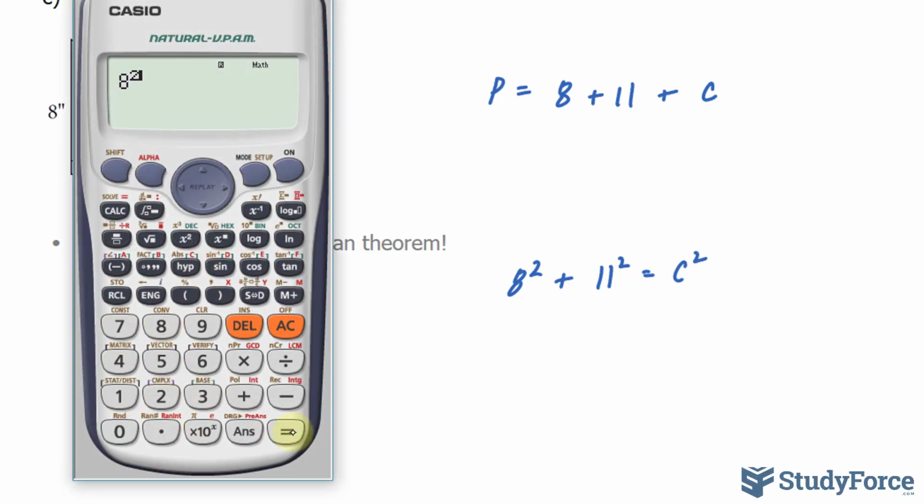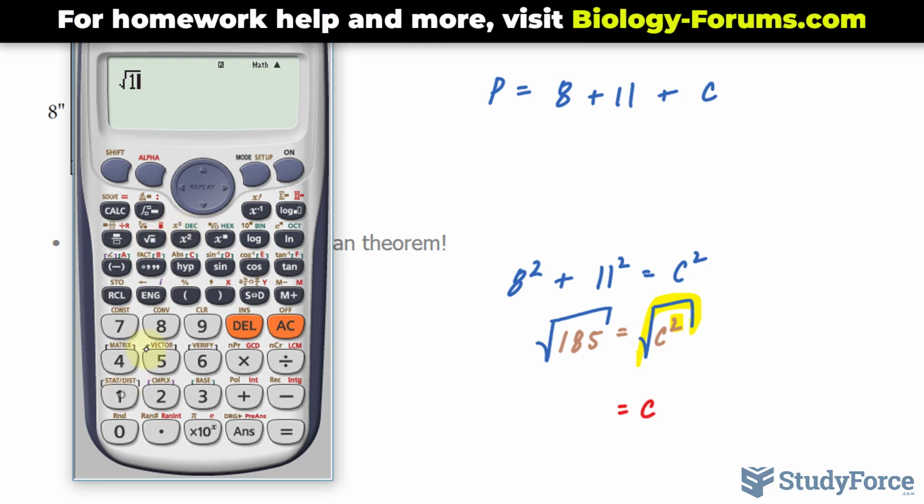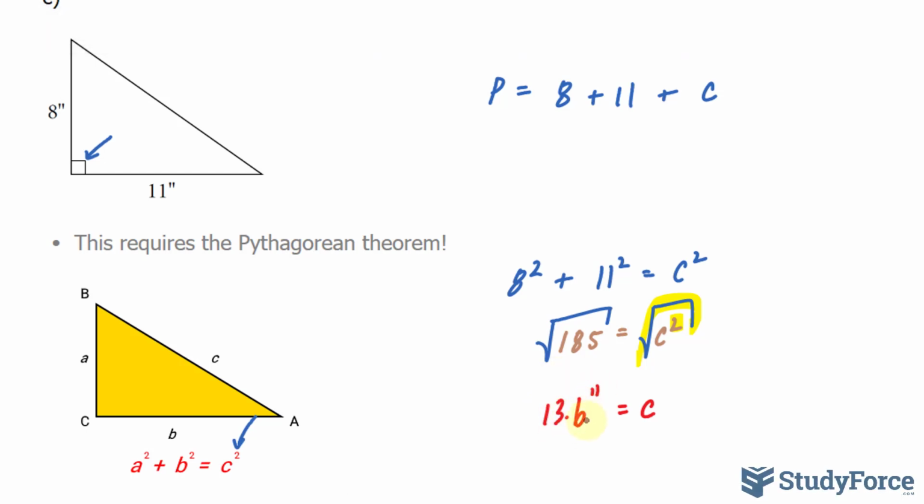8 raised to the power of 2 plus 11 raised to the power of 2, that's 185, is equal to C squared. And to isolate for this C, we need to get rid of this squared, so we square root both sides. By square rooting both sides, the square and the square root get eliminated, leaving us with C is equal to the square root of 185, which is 13.6. 13.6 inches.